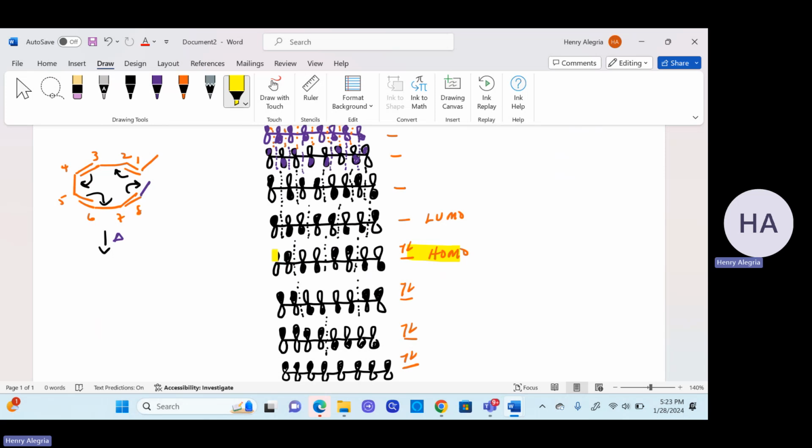Focus on the terminal ones, shaded up and shaded down. So what I have is one of them is shaded up, the other one is shaded down. One of them has the methyl pointing in, one has it pointing out. The rest of the molecule is connected by the other six atoms.